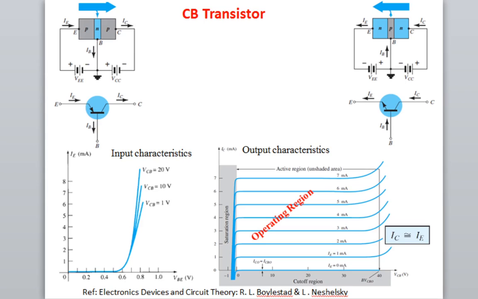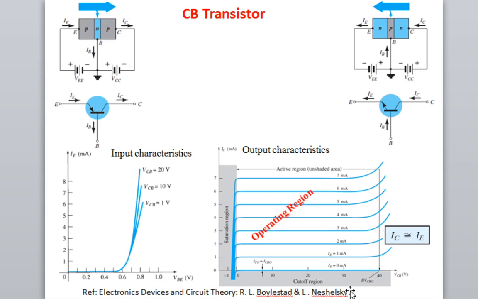Similarly, for the case of output characteristics, you first fix the input current, and then you change this voltage and measure the collector current.